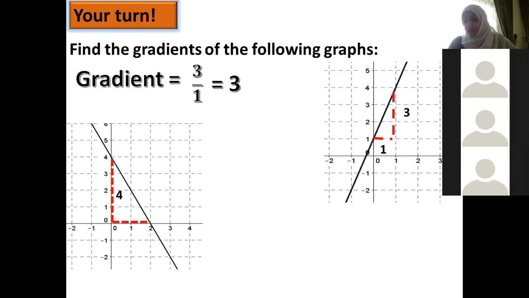Decreasing. It's a decreasing line, so you went down by 4. Is that 4 positive or negative? -4. So how many across? 2. So what is the gradient? -4 divided by 2, and the answer is -2. Excellent.